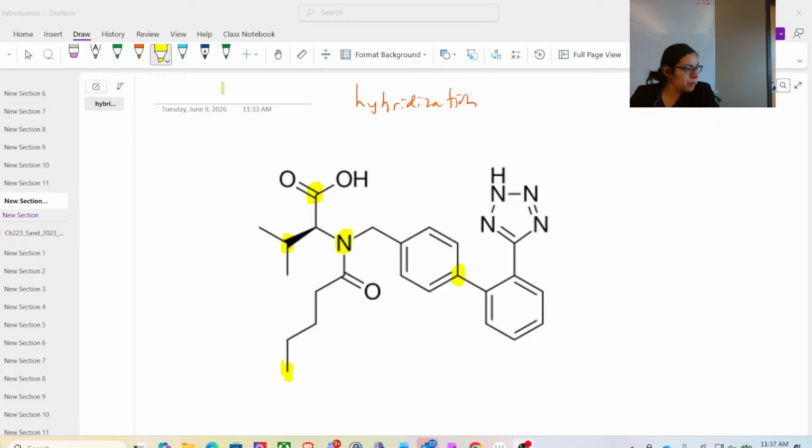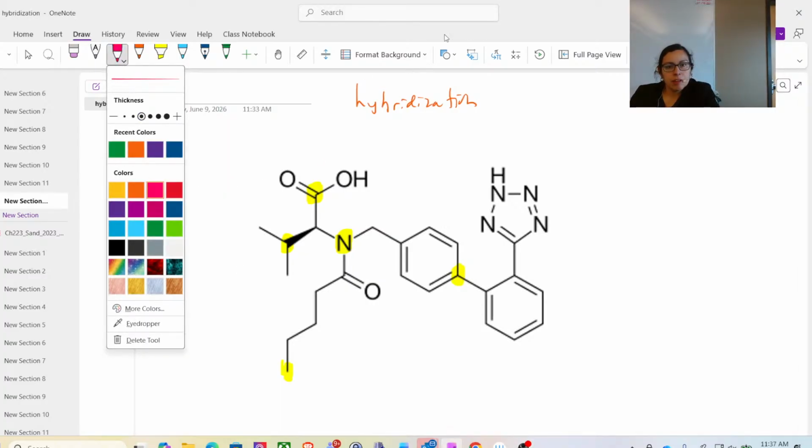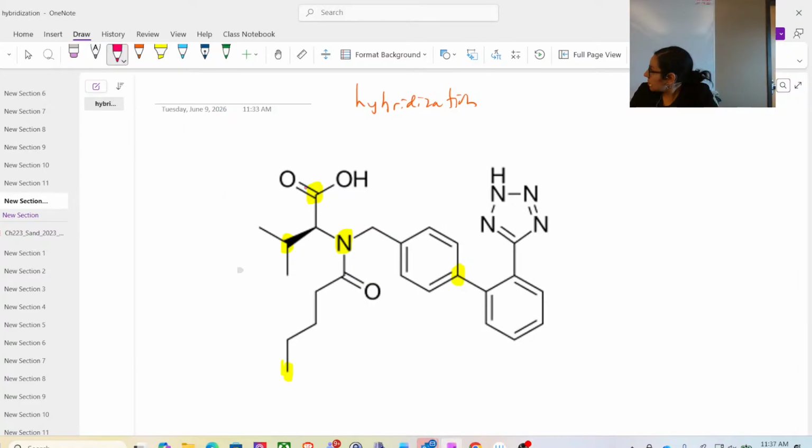All right, let's see what we got. So let's start with this one up top, the carbon in our carboxylic acid here. What's its hybridization? SP2, good.